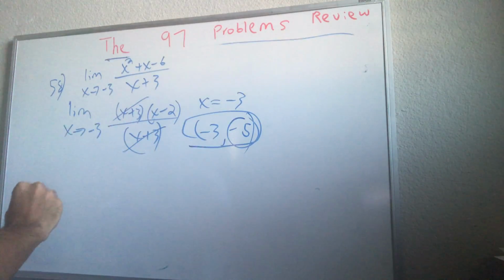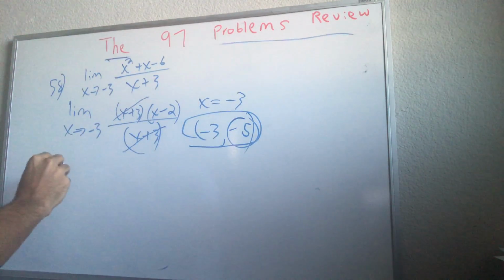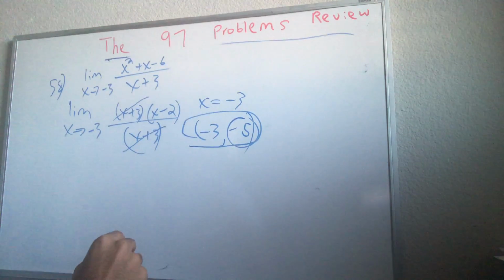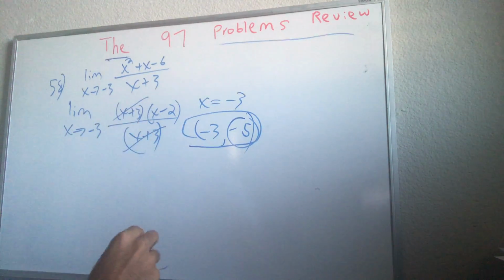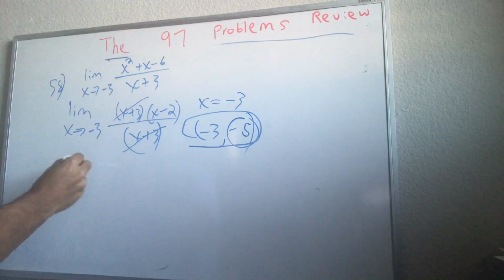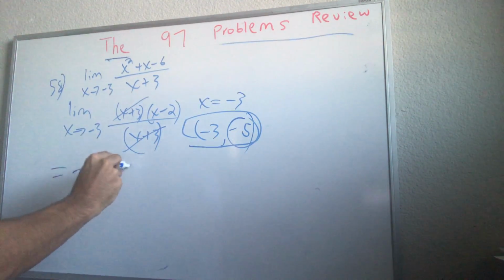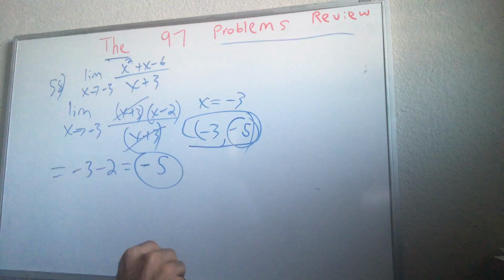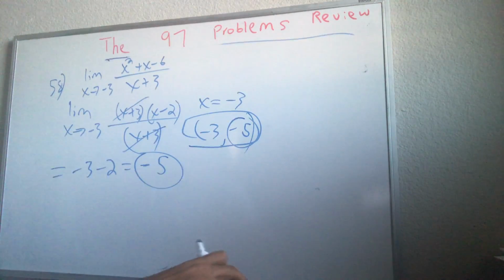You cancel out the x plus 3's from the numerator and the denominator, and because the x plus 3 is gone from the denominator, you can plug -3 into the equation and get a defined value. You get -3 minus 2, which is equal to -5. So for question number 58, our answer is -5.